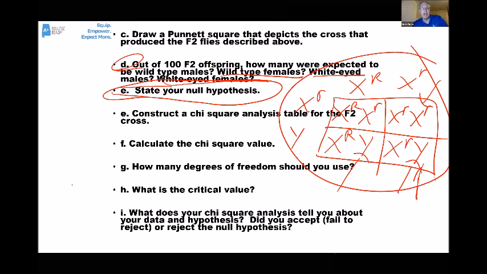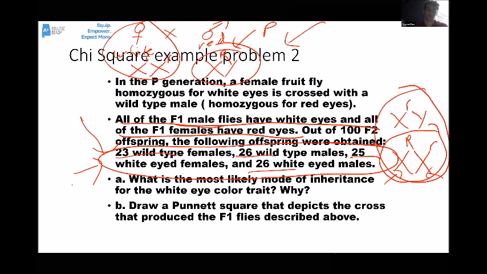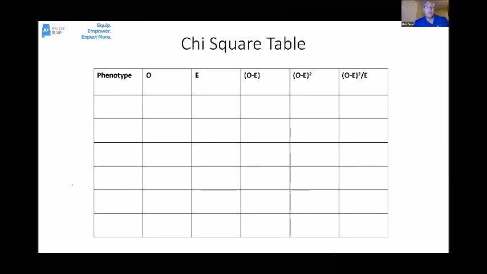Okay, so now we want to calculate the chi-square value. And let's remember our numbers. So actually, let's just go to this table. So we've got a table here. So I'm going to just write it this way. I'm going to write red-eyed male, red female, white male, white female.